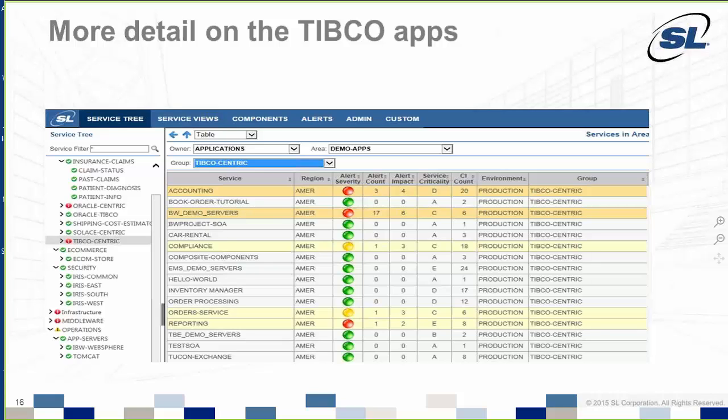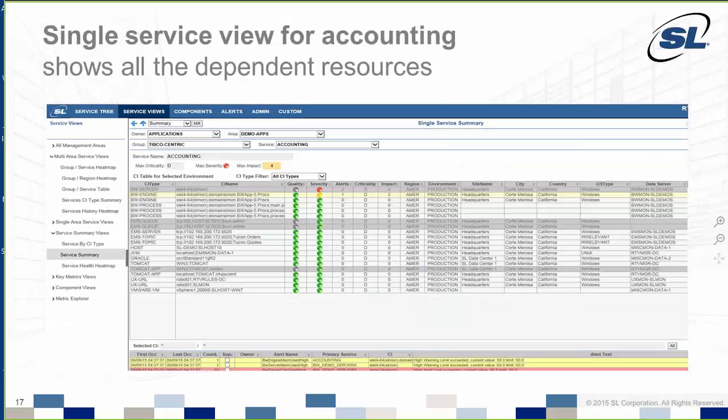So looking here, we can see that accounting is actually having a bit of a problem. This is something that we need to drill down on. So I can simply click on that line item, and now what I'm working with is a filtered out list of just those resources that support accounting.